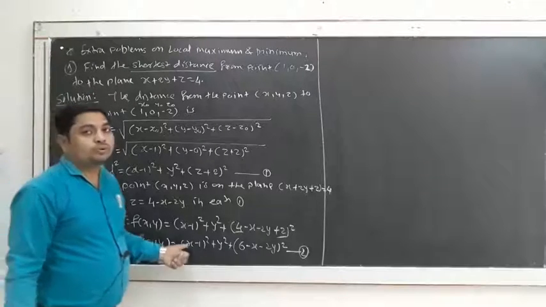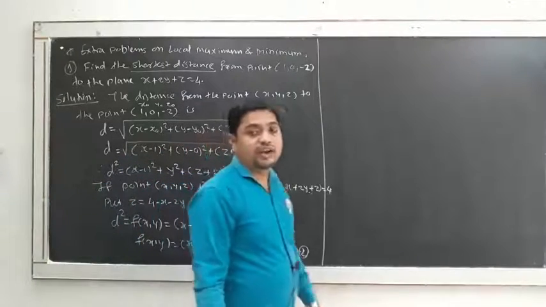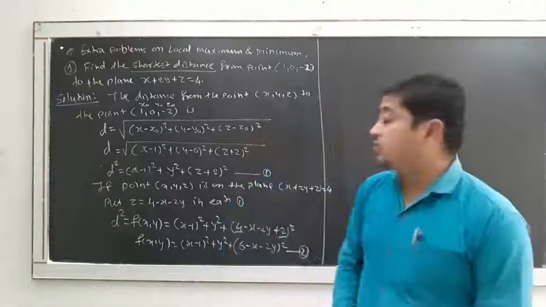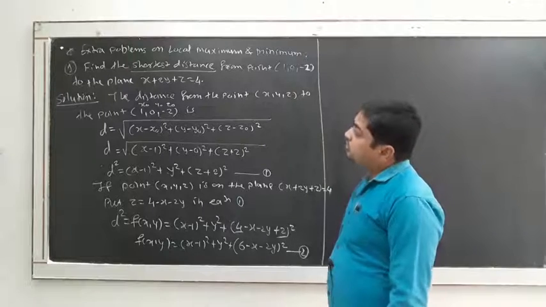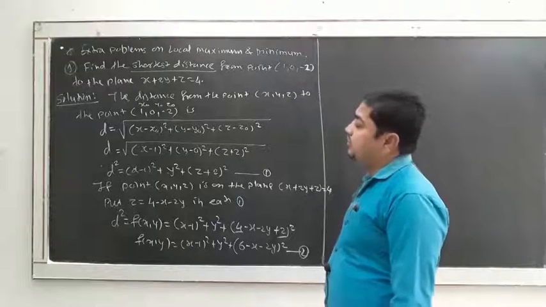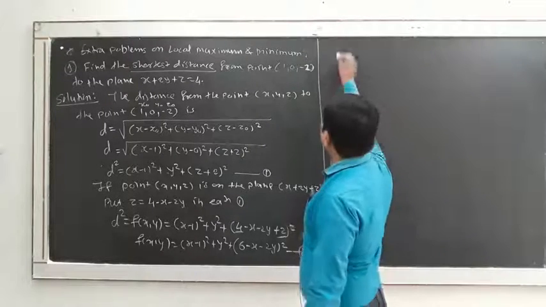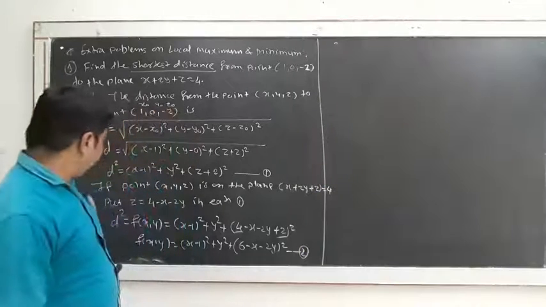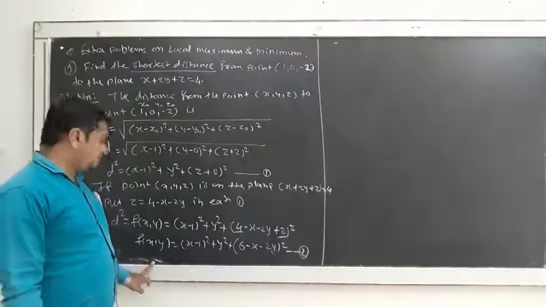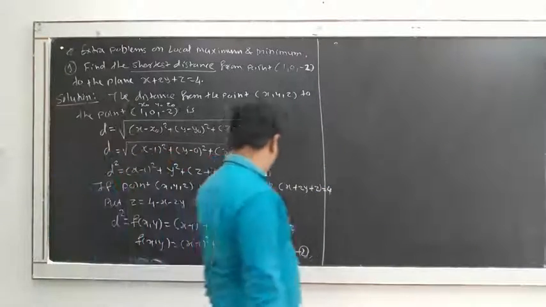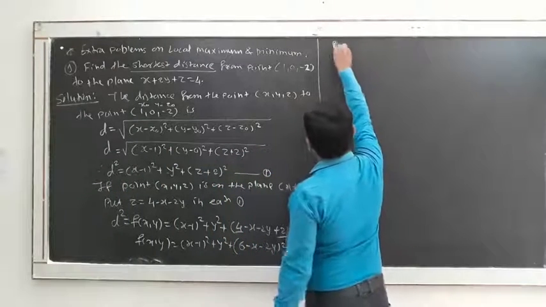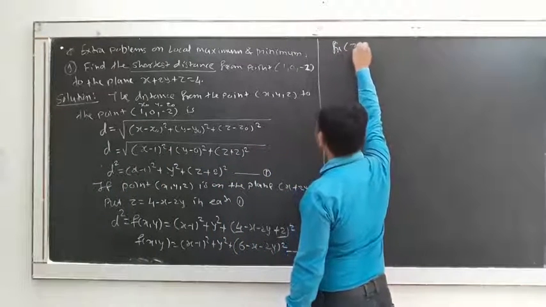Now you have to find the shortest distance, and for this we must use the first and second derivative test. Now we have to find the derivative of this function. So what do we have to find first? f_x(x, y).